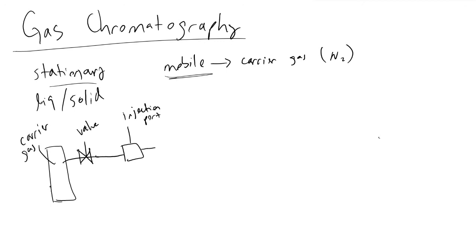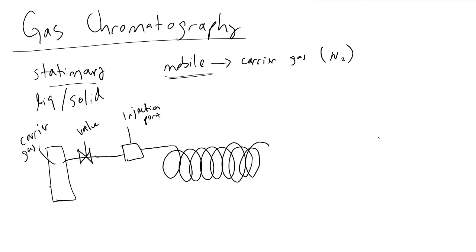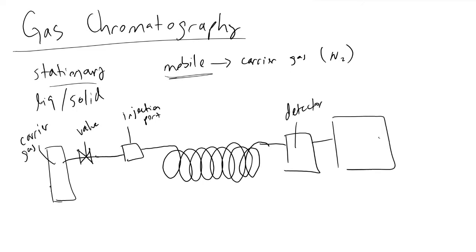And inside the chromatographer machine, there'll be many feet of coil to travel through before we reach a detector. And the detector will allow us to visually see some kind of curve that tells us over time whether or not a particular molecule was recognized.